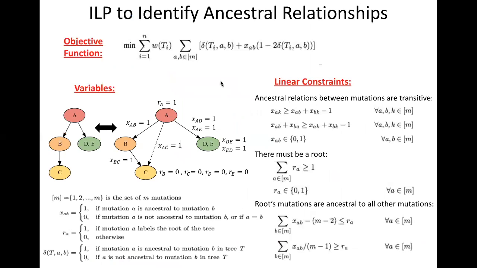To sum up, we have one objective function to minimize the weighted distance from the output to all the inputs, and we used variables X and R to encode the tree, and we have a set of constraints to make sure our output is valid.